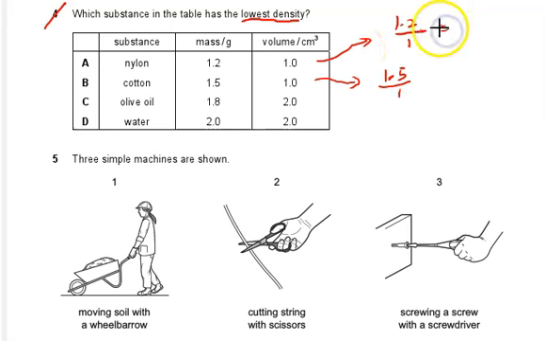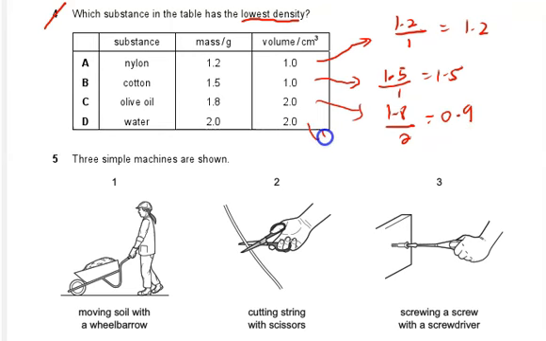So this is 1.2, this is 1.5, and here will be 1.8 over 2. So this is 0.9, and here you have 2 over 2, which is 1. So the lowest density here will be C.